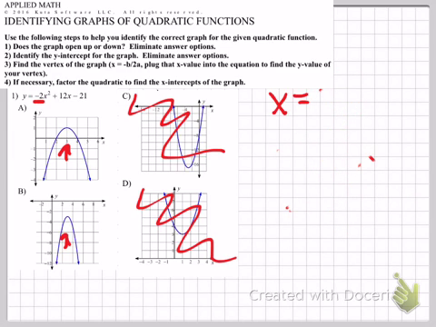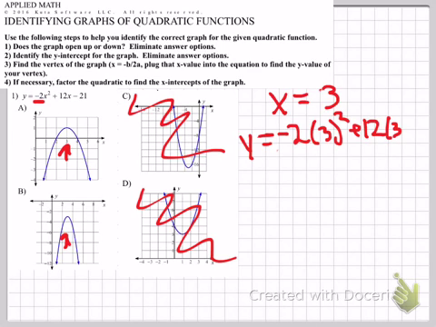Let's make some room. So x equals 3. In order to find y, all we have to do is plug this 3 back into our equation. So y equals negative 2 times 3 squared plus 12 times 3 minus 21.